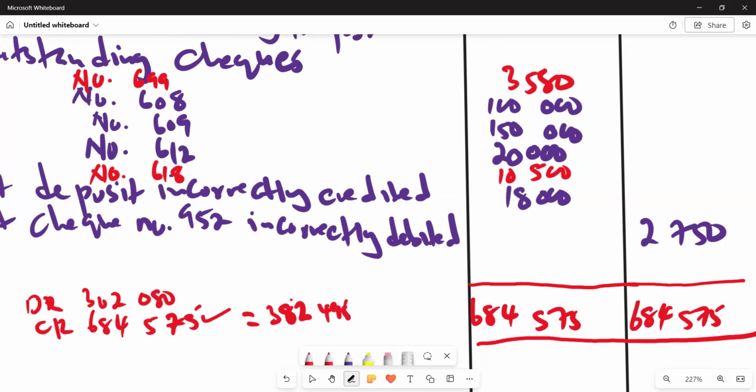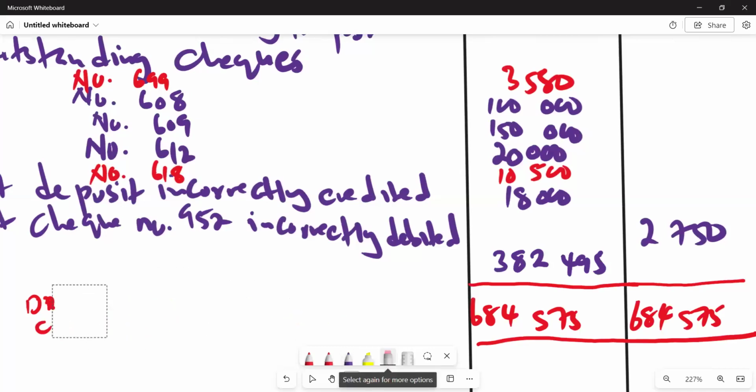So this is the balancing figure, which is supposed to come where we have the smaller total, which is the debit side. So it's going to come here: 382,495. So this is what we have. And then obviously we are going to make a description in terms of this. So remember, this one is a balance c/d that we're having on the debit side. So balance b/d will be on the credit side. So it's a credit balance.